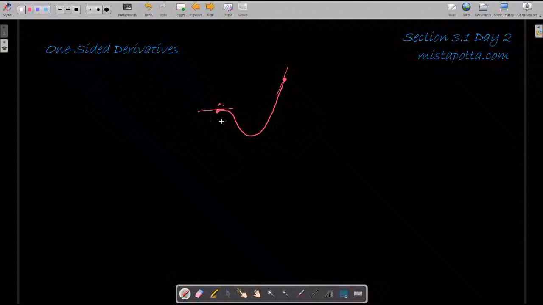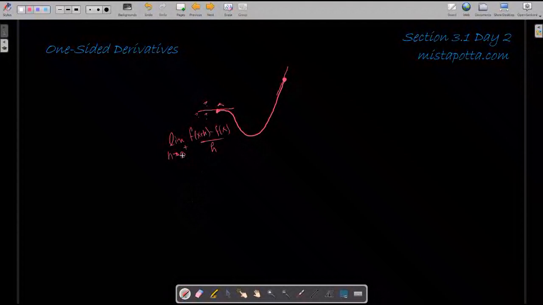So in this situation, I can talk about the limit as h approaches 0 from the positive side of f of x plus h minus f of x over h, because I can deal with positive h values. I just can't deal with negative h values because they're not a part of my domain.